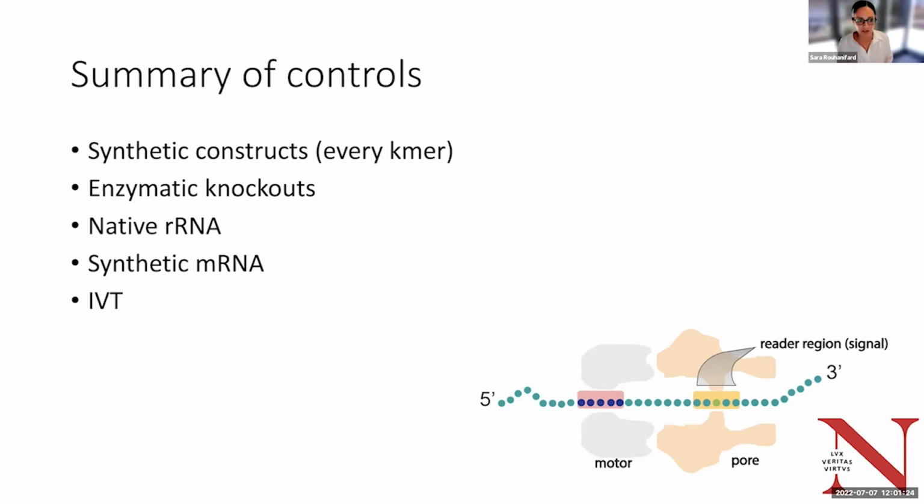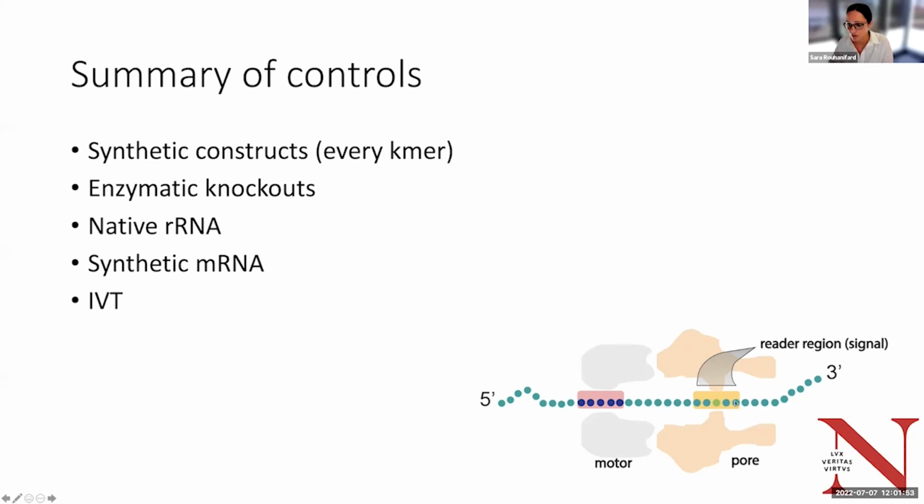You can have a synthetic control that is very long and covers every single k-mer. The problem with doing this is that if you're in vitro transcribing every single k-mer and you're just replacing your nucleotide with a modified nucleotide, you have a lot of modified sites that are in close proximity to each other. When they're too close to each other, you're looking at an image of the side of how an RNA would pass through the motor and the pore.